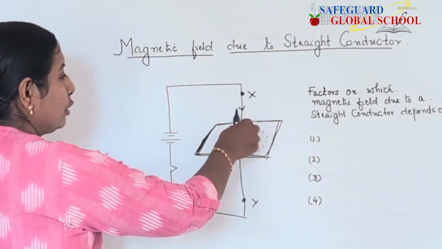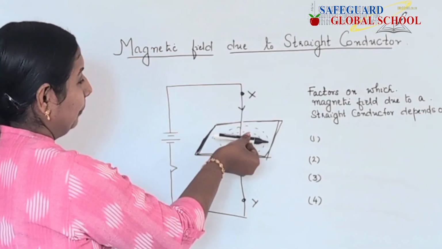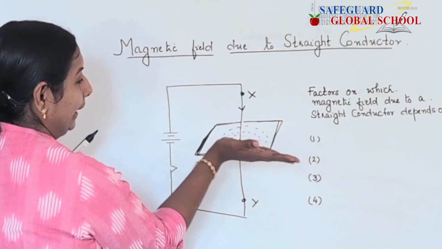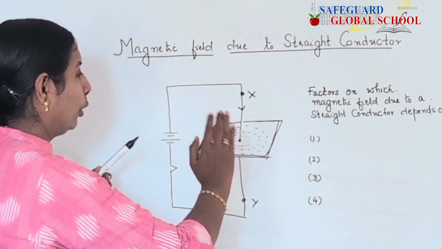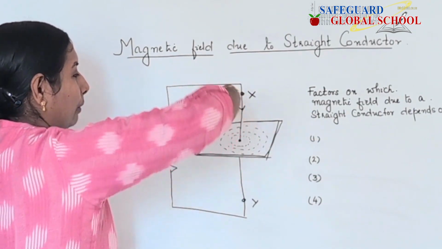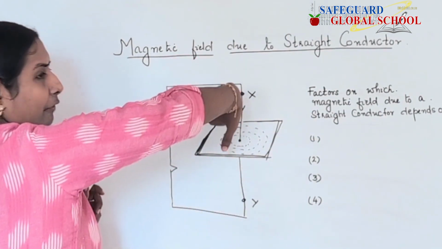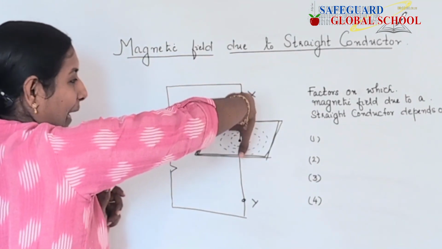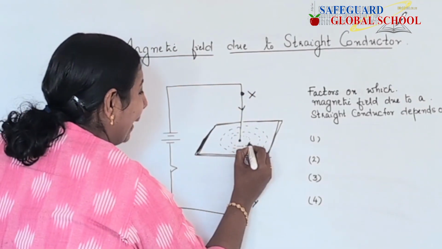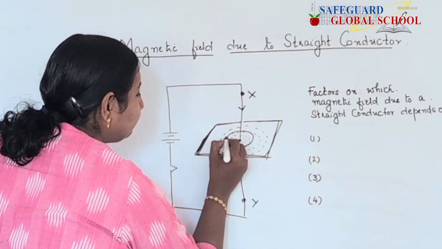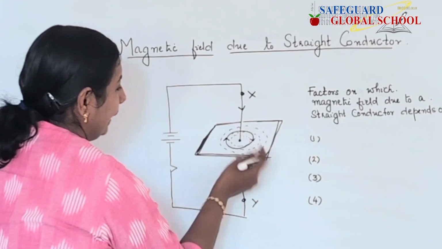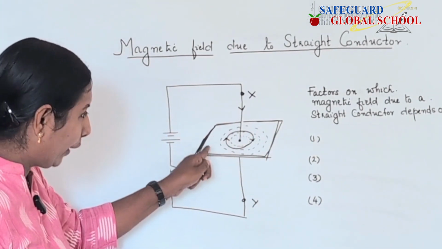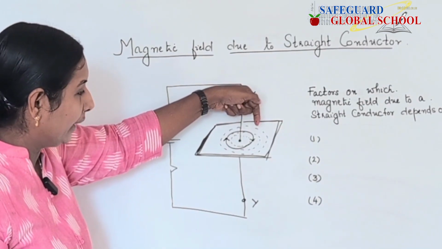The magnetic field lines are in a plane perpendicular to the conductor, so the magnetic field lines can be drawn like this. On this side it will be going into the board and on the other side coming out.